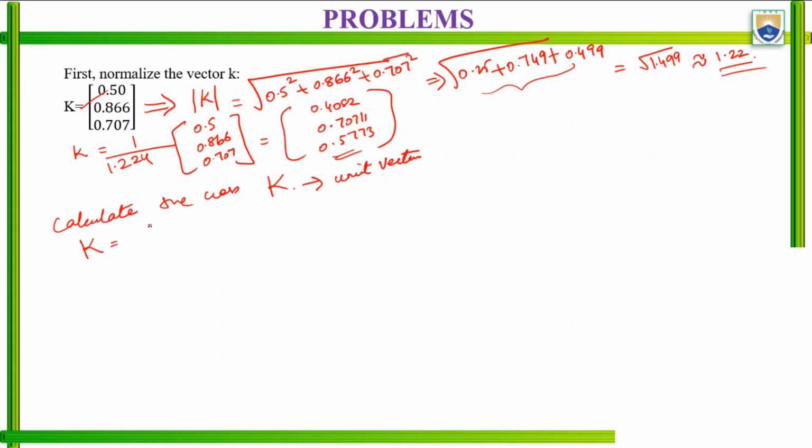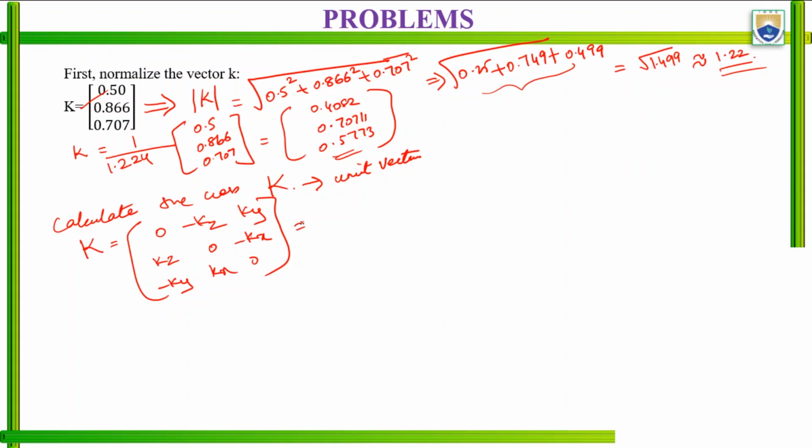Capital K is nothing but [0, minus kz, ky; kz, 0, minus kx; minus ky, kx, 0]. This is the matrix for the cross product capital K for a single unit vector.